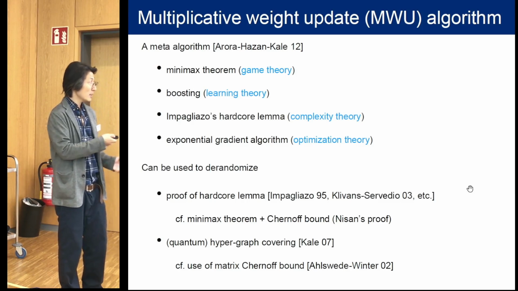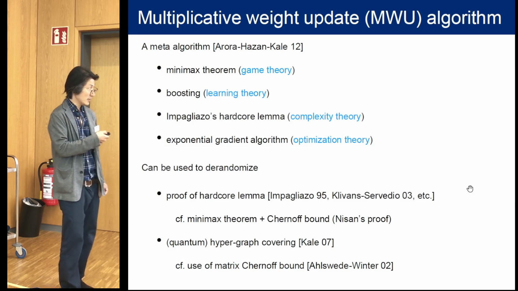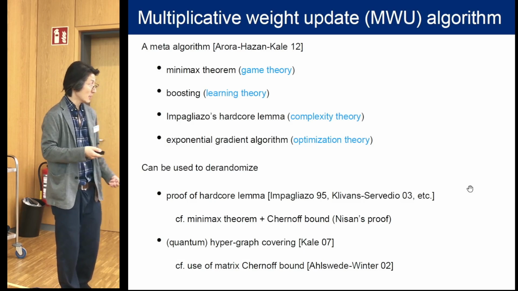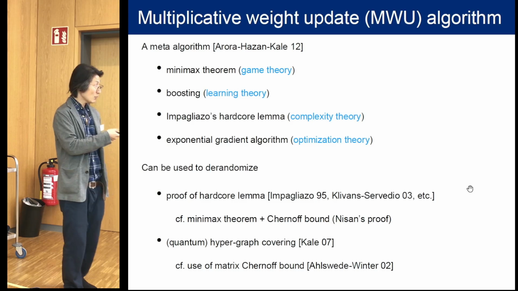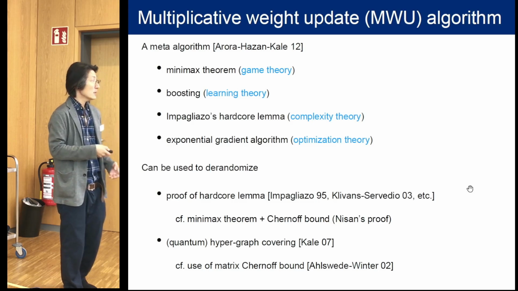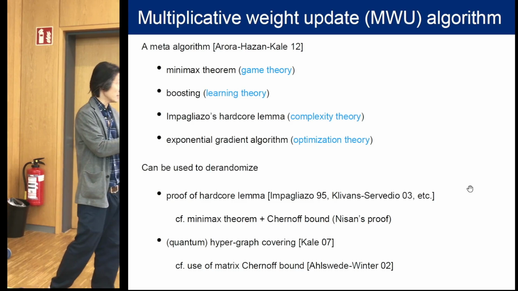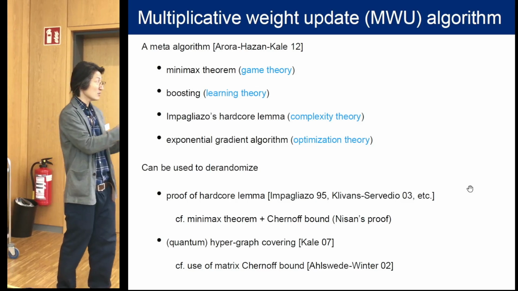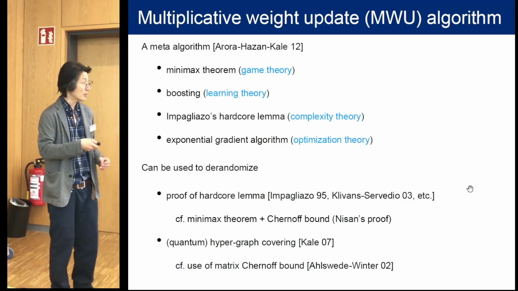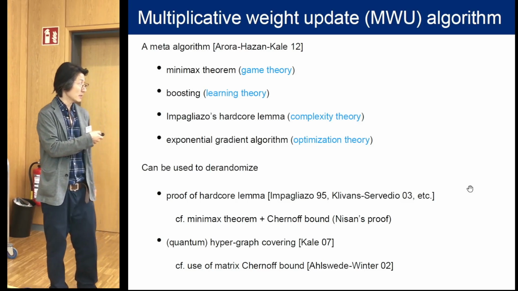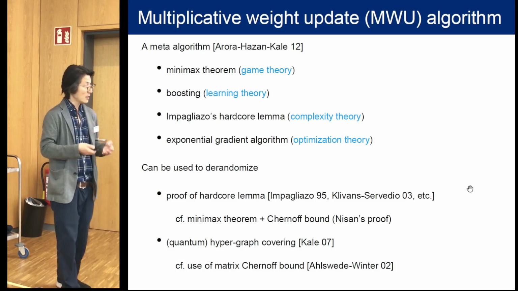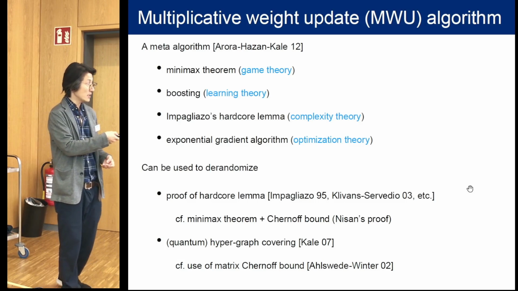In their paper, they solved this problem using a matrix version of Chernoff bound. But more recently, Kale revisited this problem using a matrix version of the MWU algorithm, and he provided a deterministic solution. In fact, our work is inspired by this result.